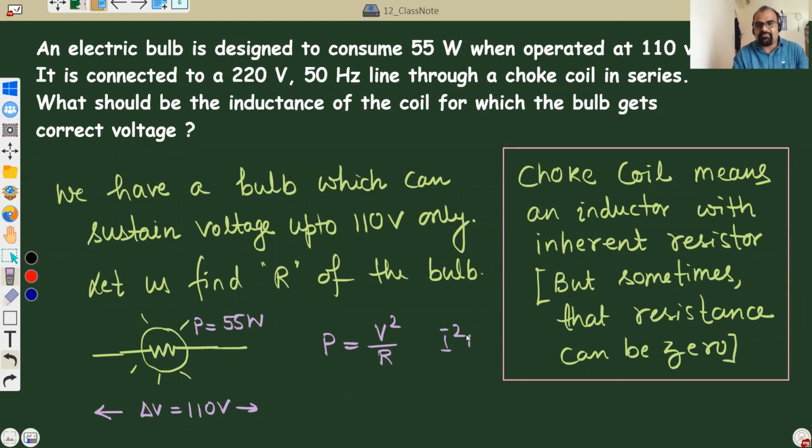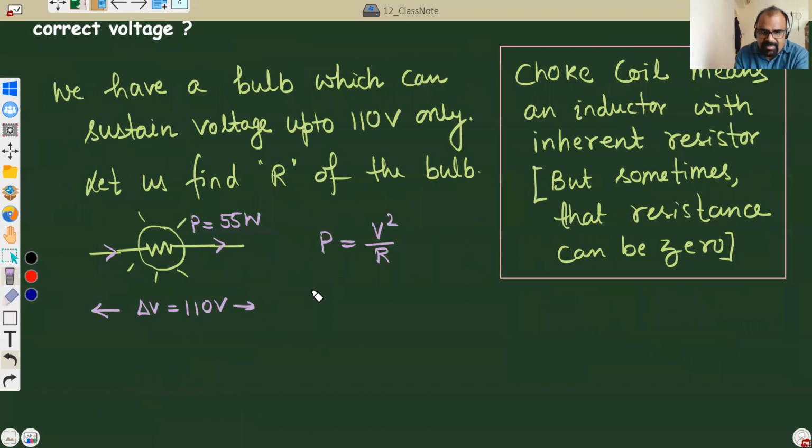Of course, you can use I square R also, but the problem is you don't know I. So that is why I'm going to use the V square by R formula. Now the power is given to be 55.